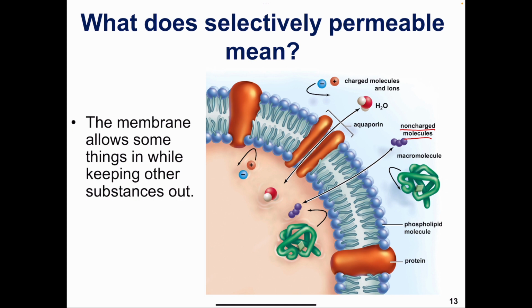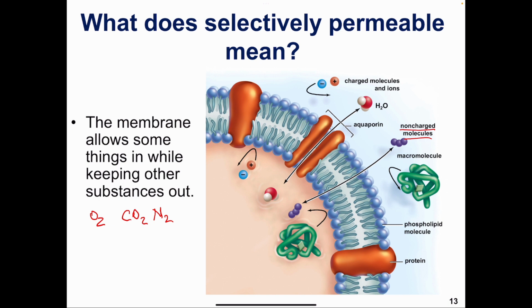Okay? So some examples are oxygen gas, carbon dioxide gas, and nitrogen gas. These three gases are able to cross freely the plasma membrane.